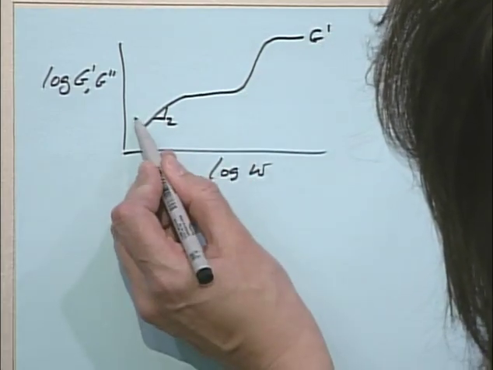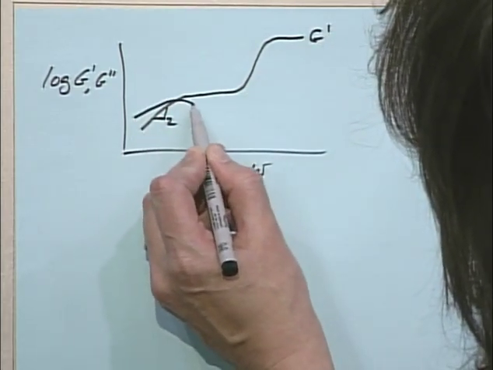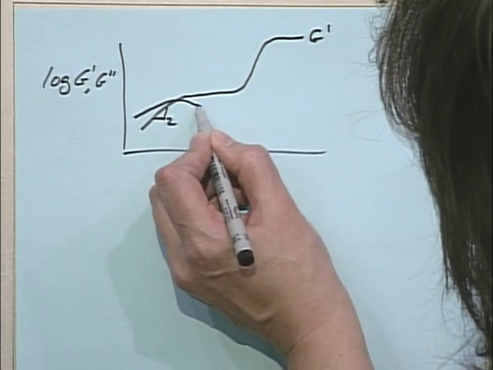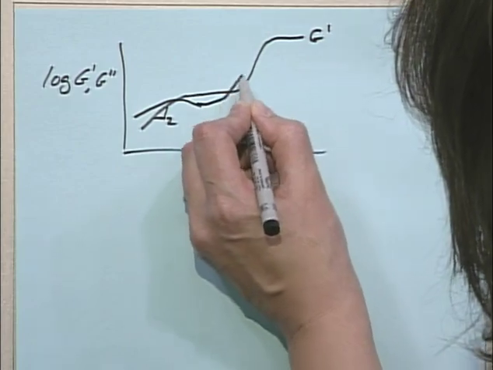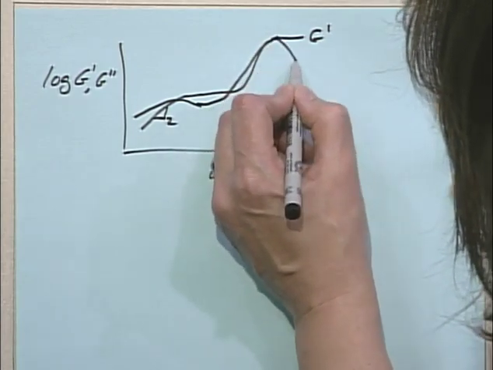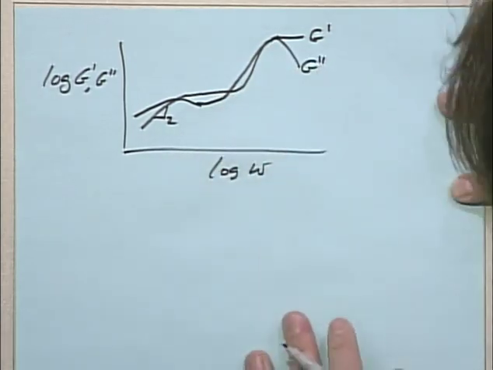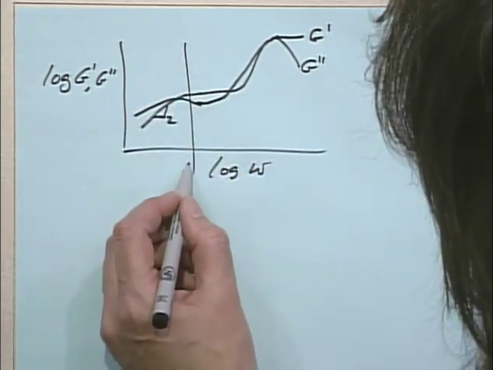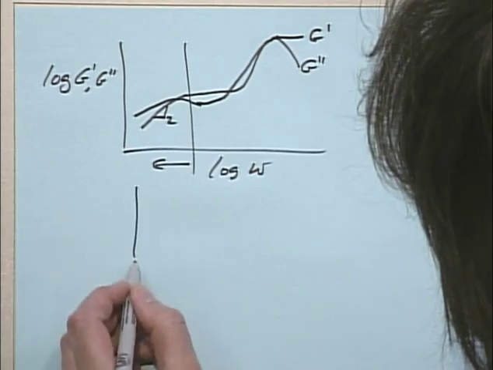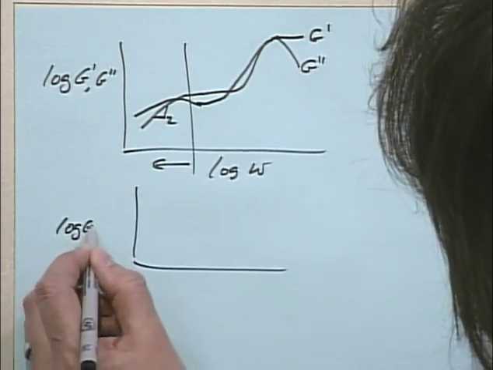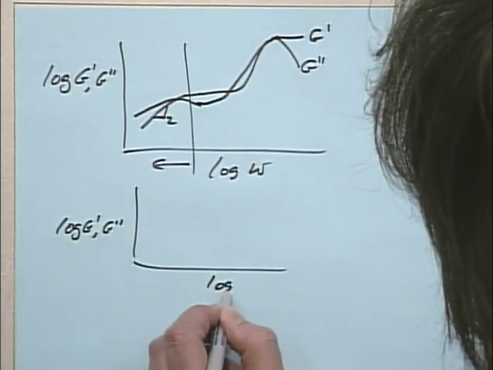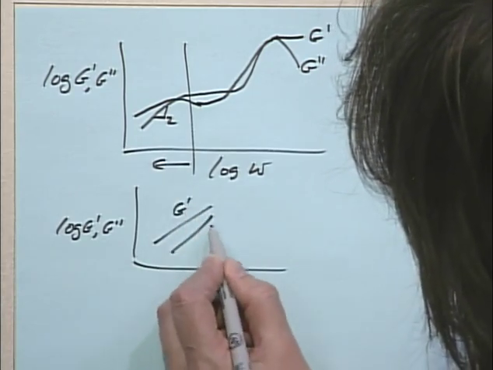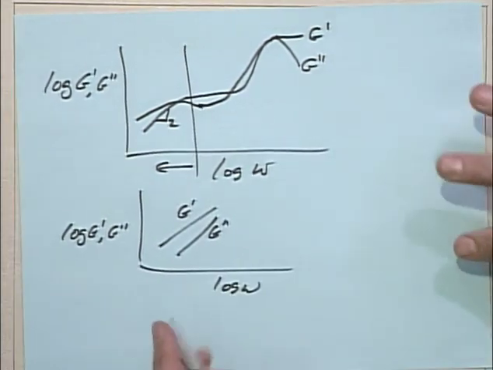And then G double prime, slope of 1, a minimum, a rise, and a turnover. So all I really wanted was this region. So you could have also written for me log G prime, G double prime, log omega, 2 and 1. That would have worked also.